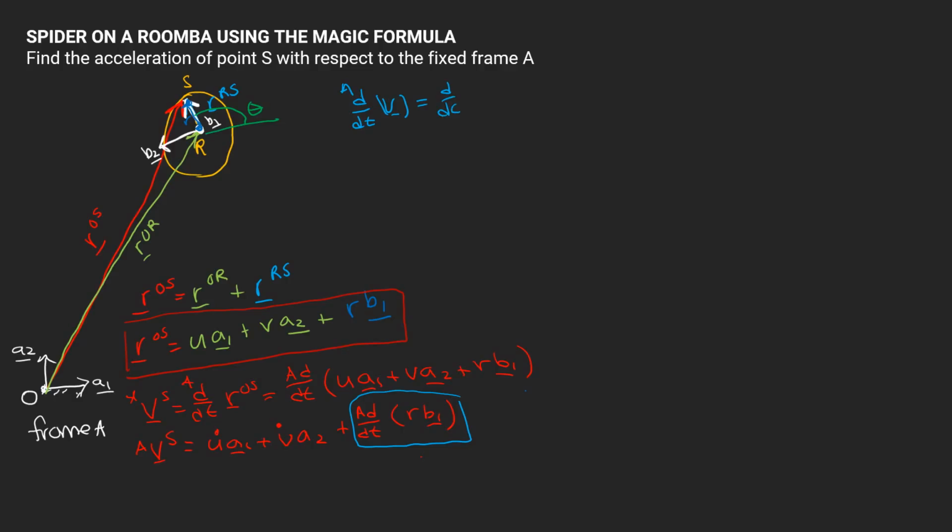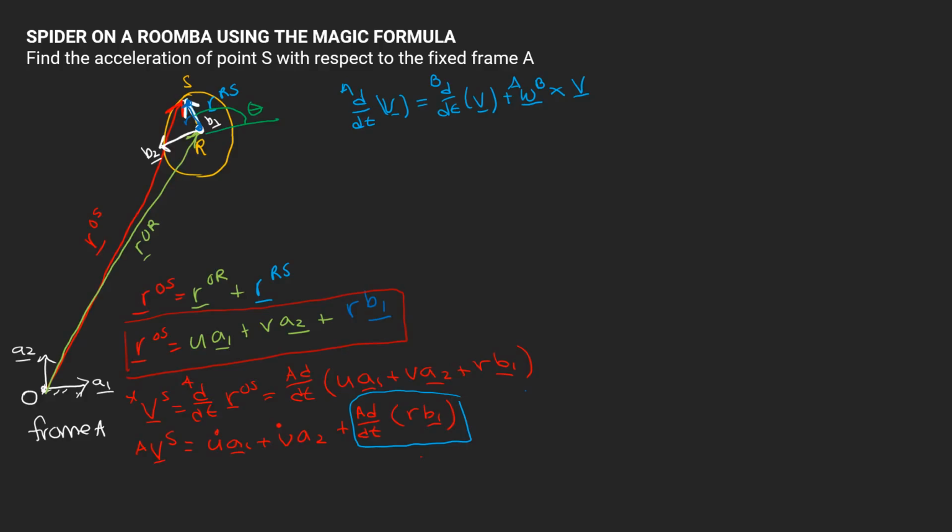You take the time derivative of that vector in frame B plus the cross product of the angular velocity of frame B in frame A with your vector V.